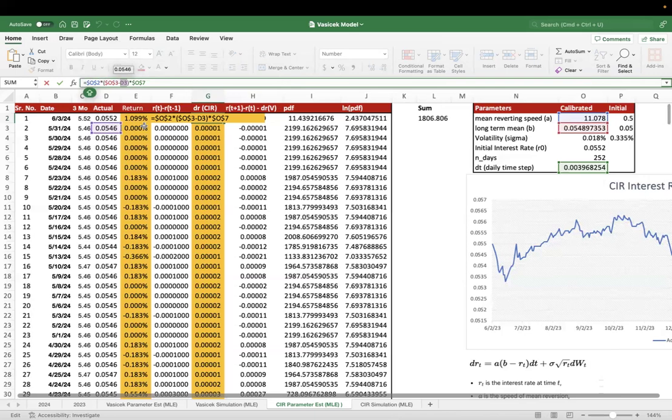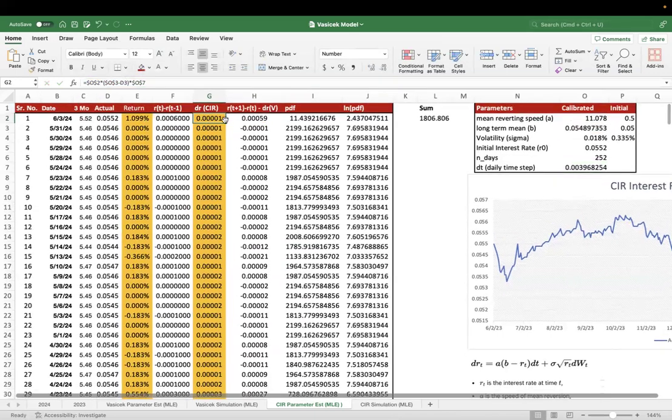Tell me one thing. If we are trying to model today's interest rate, for sure we do not know what the interest rate is today, right? Basically, what I'm trying to say is this rt term, if you see this equation, is nothing but the previous day's interest rate.